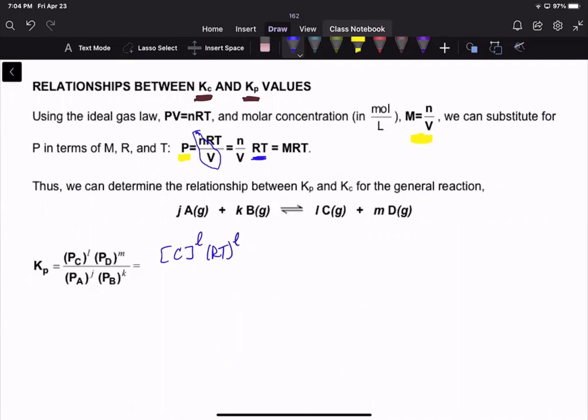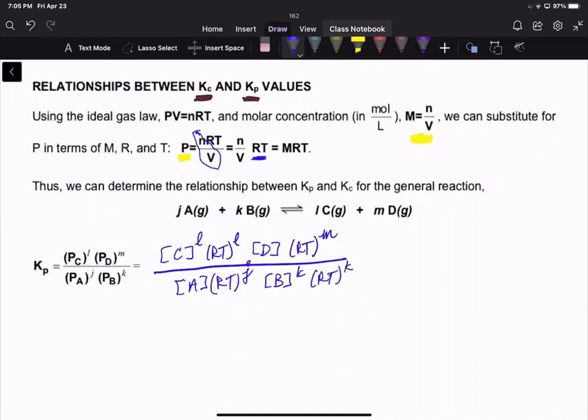And I'll do the same thing for D. I'm going to make that into the molarity, moles over liters, of D, and a factor of RT to the M. And our reactants to their exponents with the RT factors.